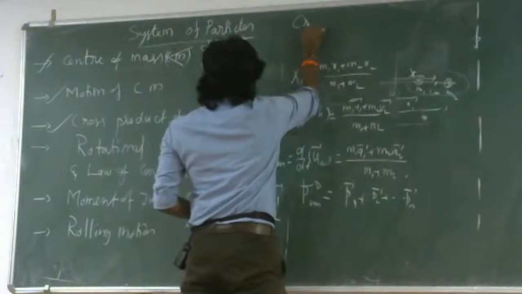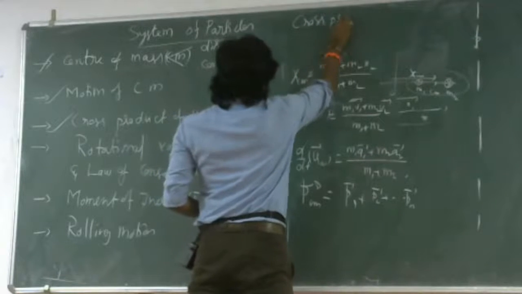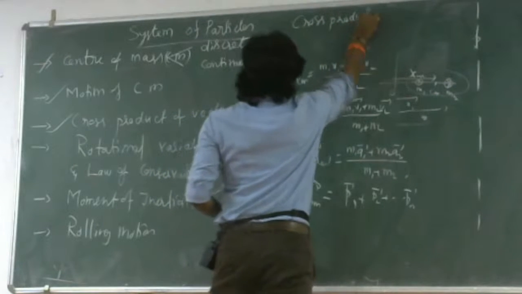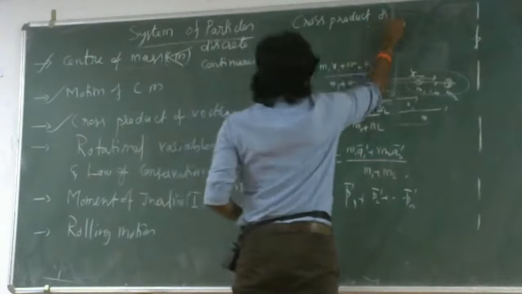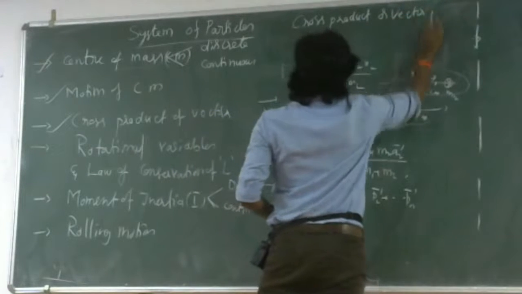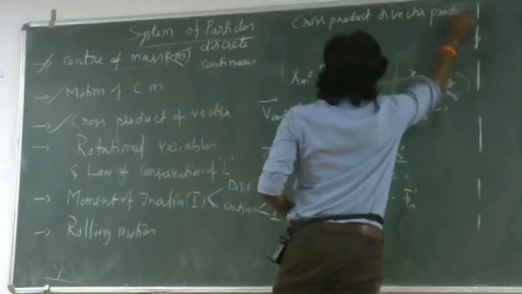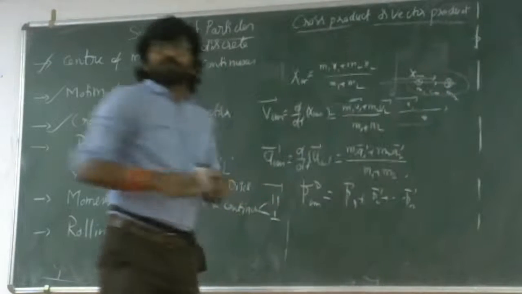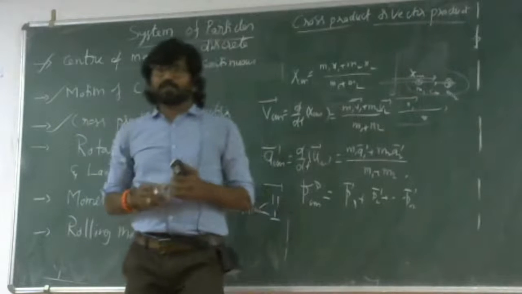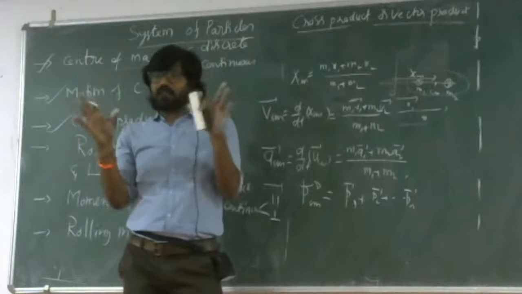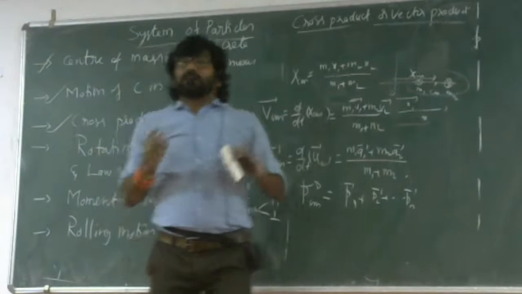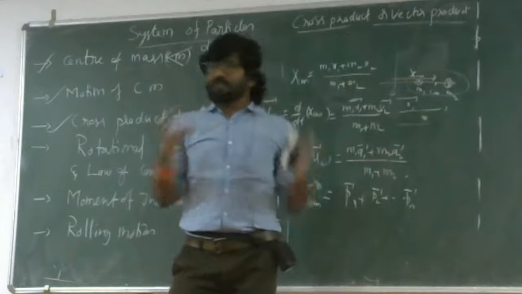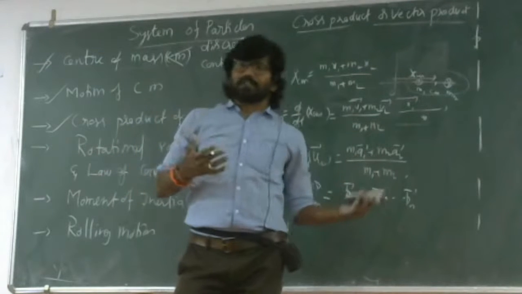Cross product of vectors. Cross product is also called the vector product. We have already studied this briefly in vectors. We have discussed addition of vectors, subtraction of vectors, and multiplication of vectors.